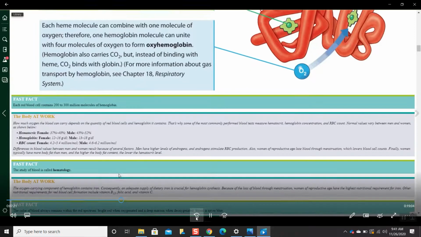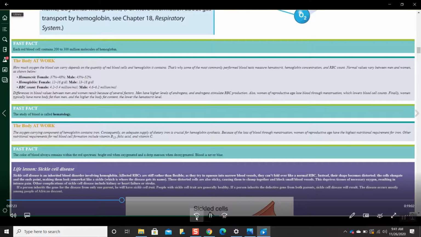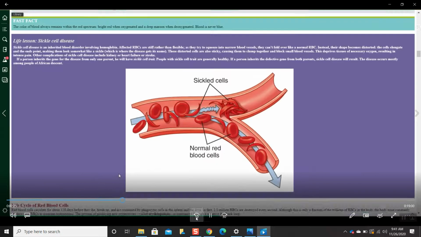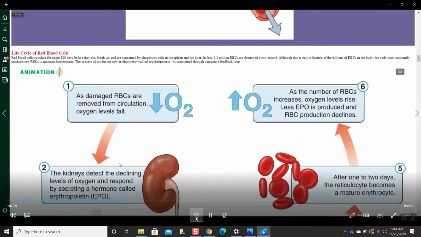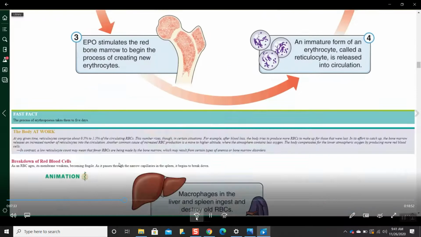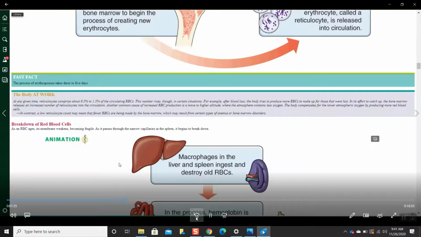You need to know that a red blood cell, or an erythrocyte, has a life cycle of 120 days. Your erythrocyte is another term for a red blood cell.